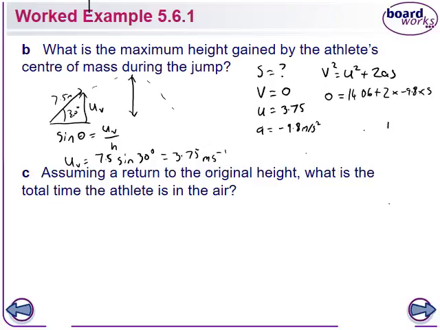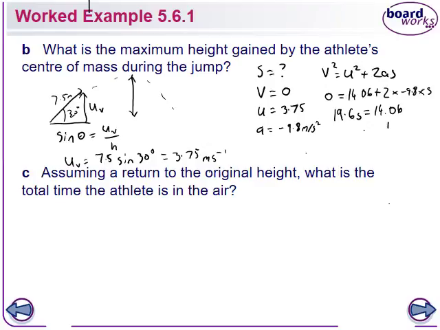Now we can rearrange this, because this whole thing at the end is going to be negative, we can just move that to the other side. And so we get 2 times 9.8 is 19.6. So 19.6S is equal to 14.06.